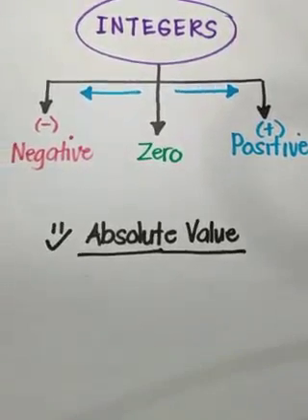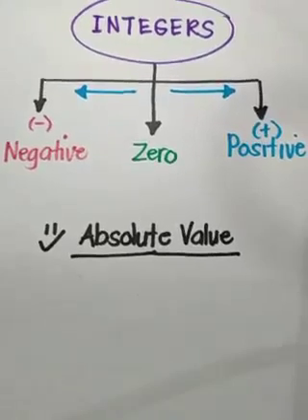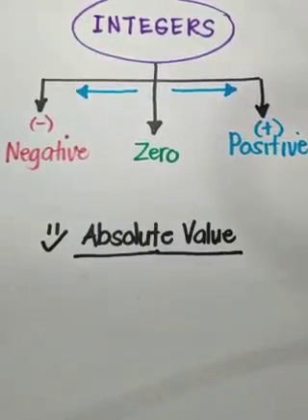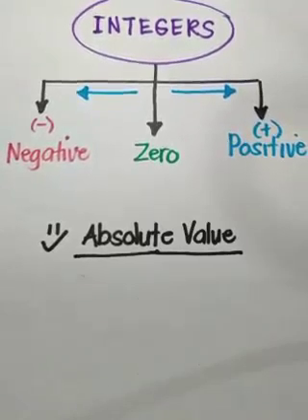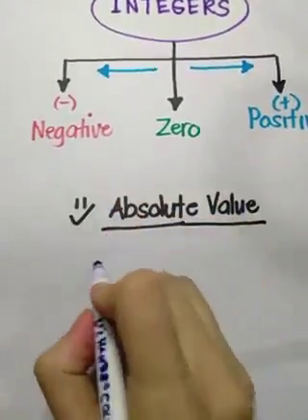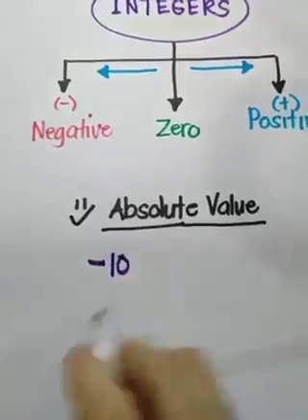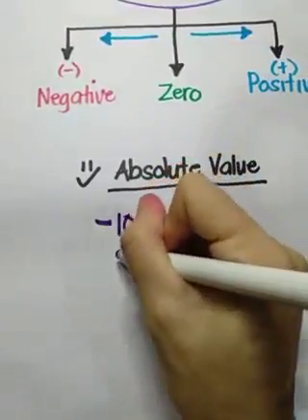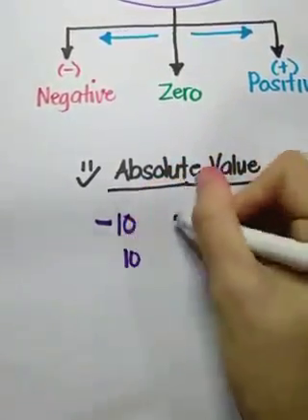Now, let's talk about the absolute value of a number. When we say absolute value, it is just the unit or the value of a number, without taking into consideration kung unsa iyahang sign. For example, negative 10 and positive 10.